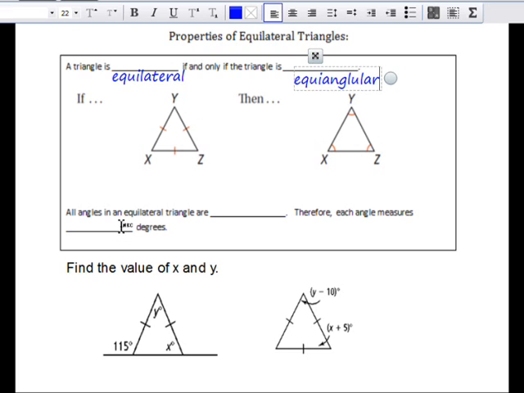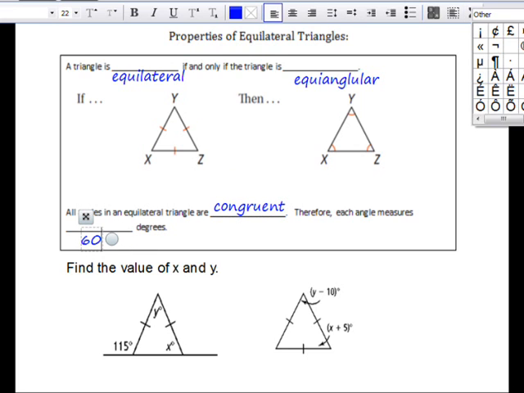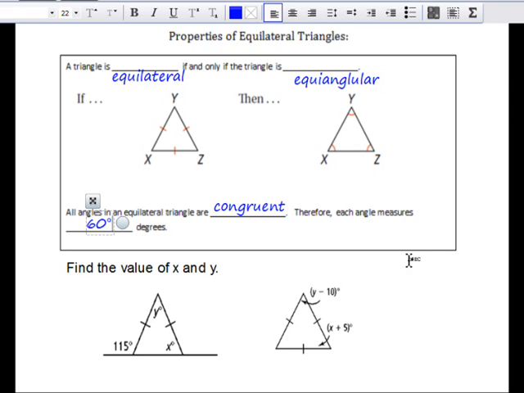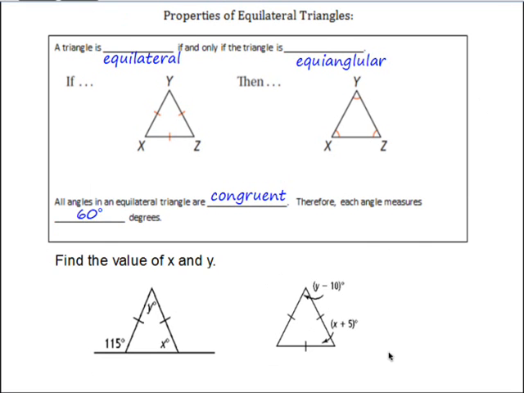If this, then that. All angles in an equilateral triangle are congruent, which means each measures 60 degrees. Okay, no problem. So, let's take a look down here.